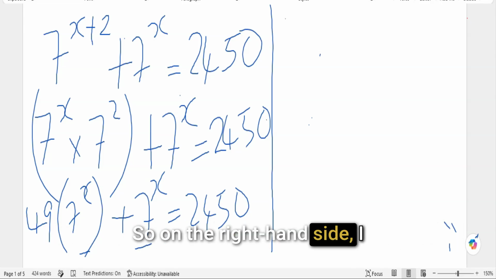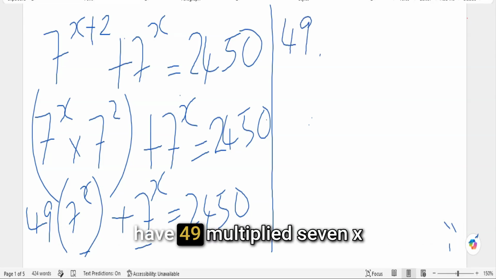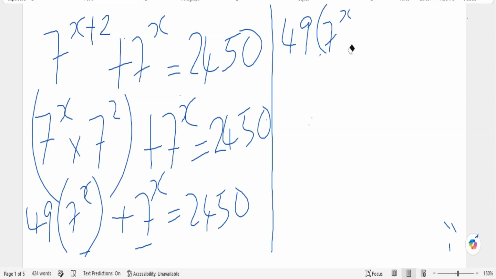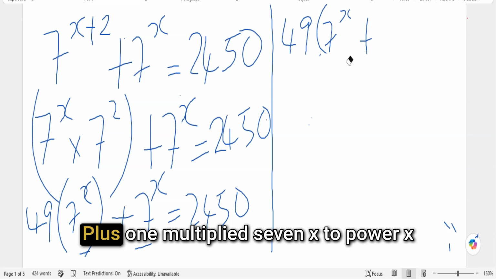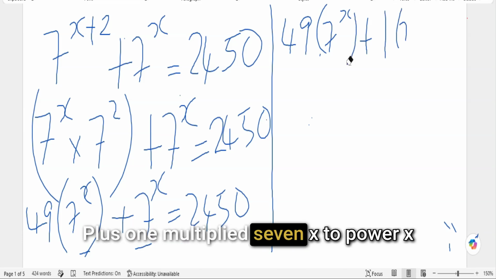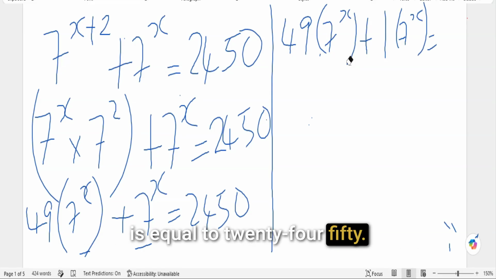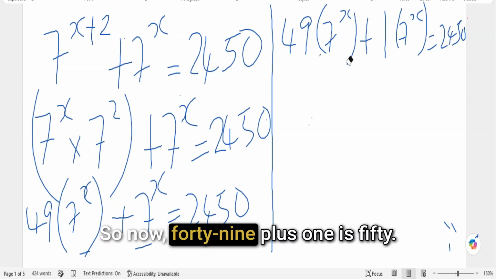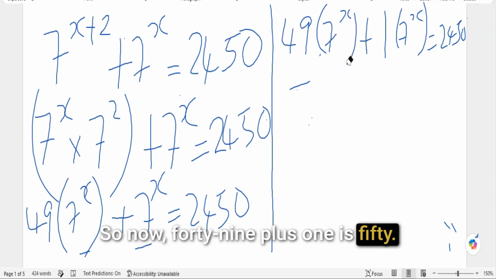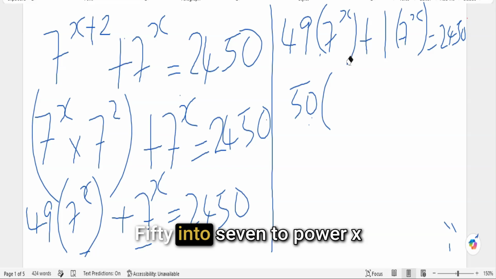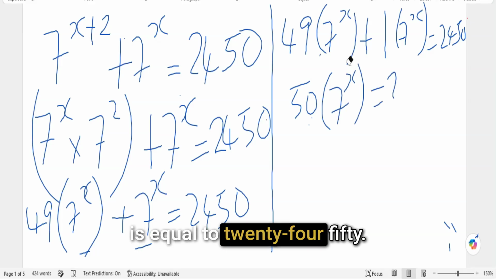So on the left-hand side, I have 49 multiplied by 7^x plus 1 multiplied by 7^x is equal to 2450. So now 49 plus 1 is 50. 50 times 7 to the power x is equal to 2450.